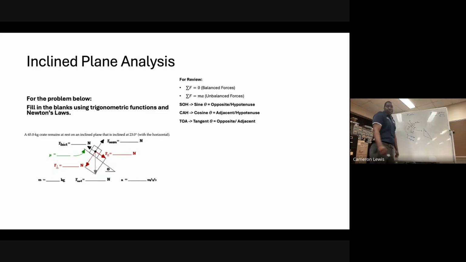Now, what is my gravity? We have the mass, 65, so we have 65 times 9.8. What's 65 times 9.8? 637.